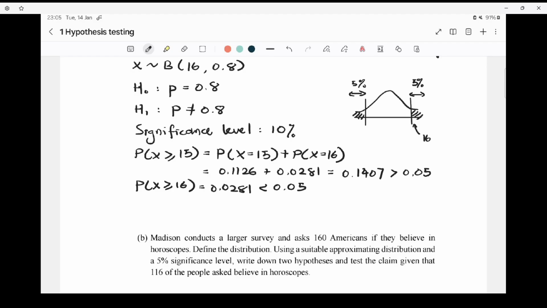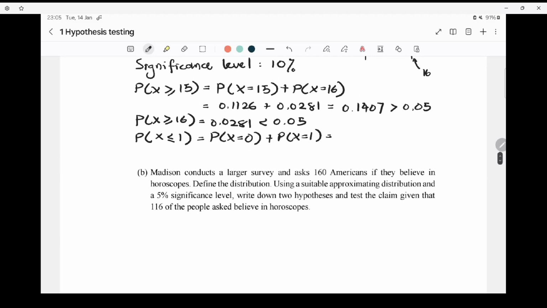You can also test on the left side, let's say 0 and 1. The first one will be 16C0 times 0.8 to the power 0 times 0.2 to the power 16.